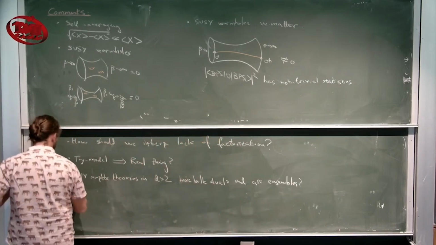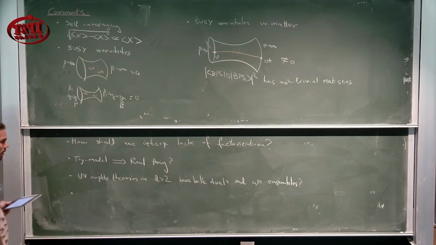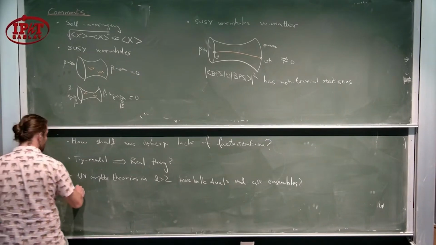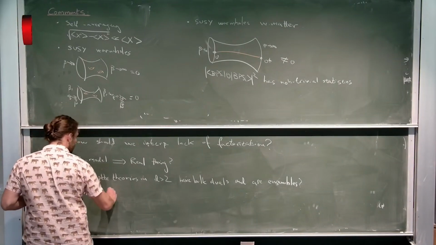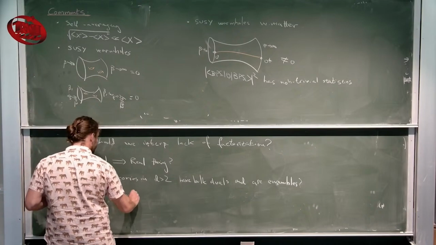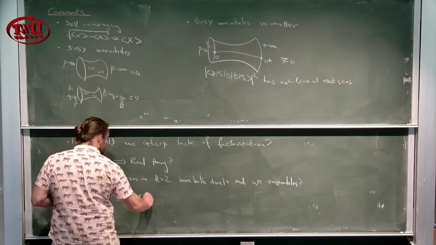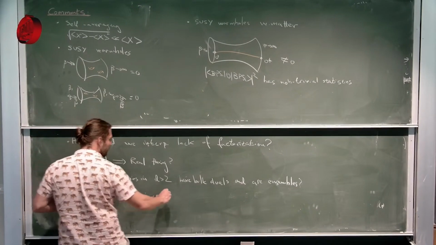And a final question that I think is solvable even in this toy model, but has not yet been fully addressed or fully explored, is what is the experience of an infalling observer?